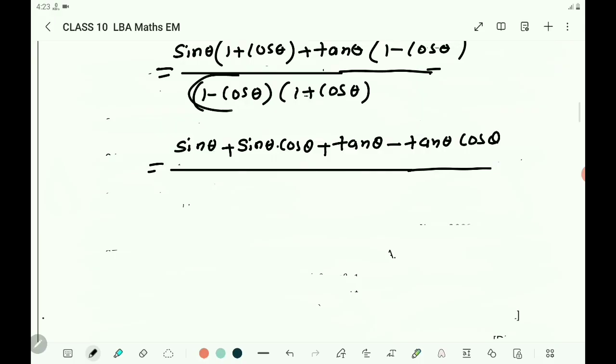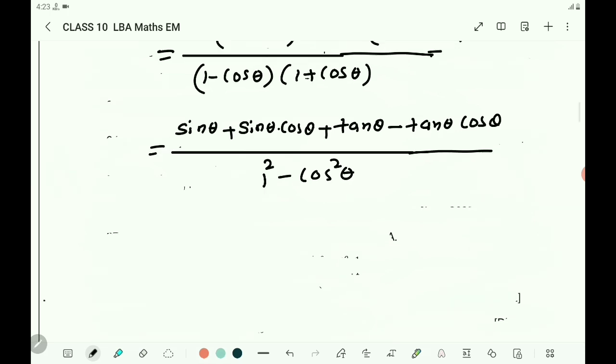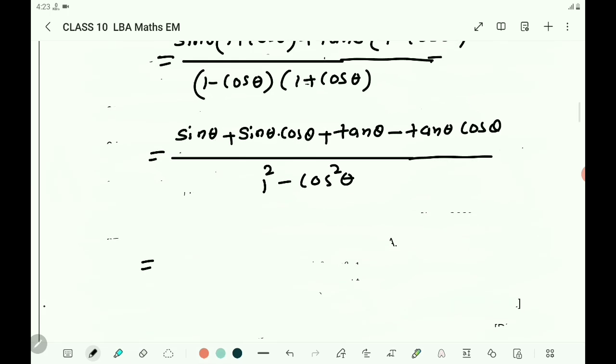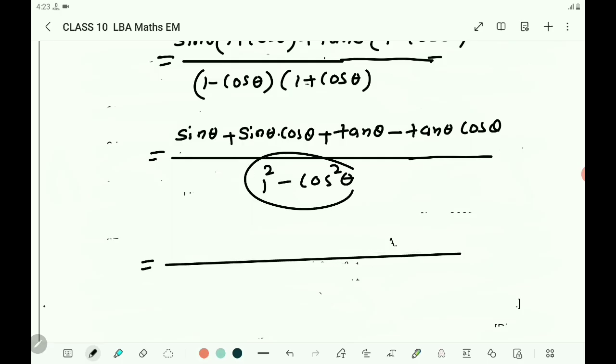Then multiply 1 minus cos theta and 1 plus cos theta is 1 square minus cos square theta, which is 1 minus cos square theta.